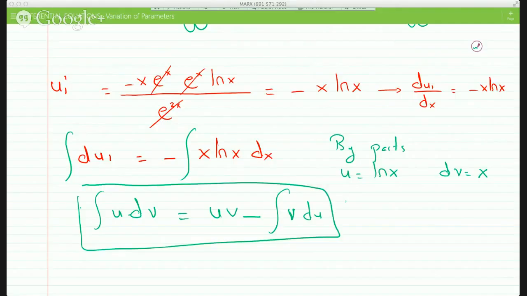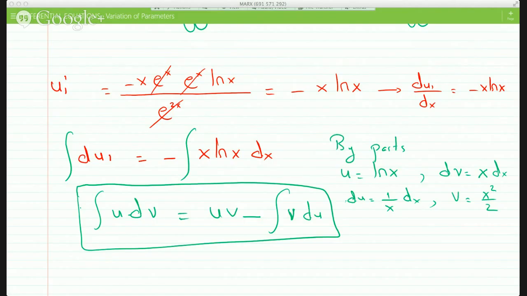One of those will be the u, the other one will be the dv. So du will be 1 over x dx, the derivative of ln x, and v will be, since this is x dx, x squared over 2, because it's the integral of dv.